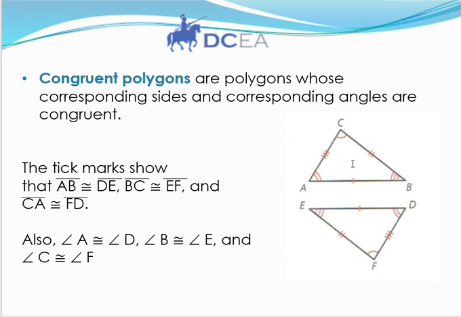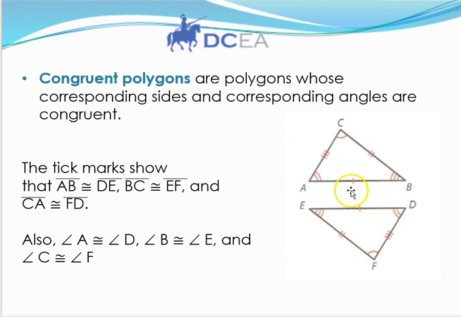Congruent polygons are polygons whose corresponding sides and corresponding angles are congruent. In this example, the tick marks show that for these 2 triangles, the segment AB is congruent to the segment DE, and BC is congruent to the segment EF, and segment CA is congruent to segment DF.